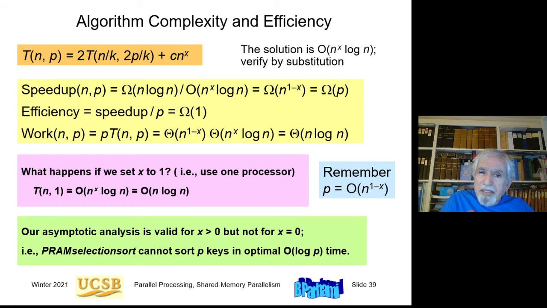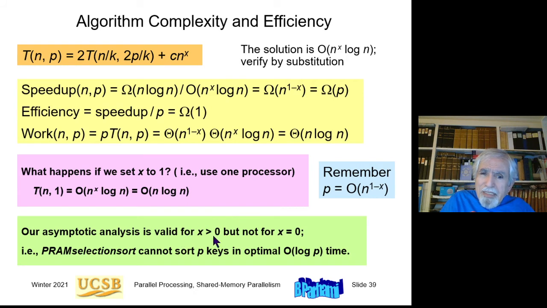We can't set x equal to 1 and use one processor, because if we could set x equal to 1, oh, sorry, x equal to 1 is valid. I'm sorry, I made the same mistake before. So x equal to 1 will be n log n, which is basically a single processor used to sort a list of size n.